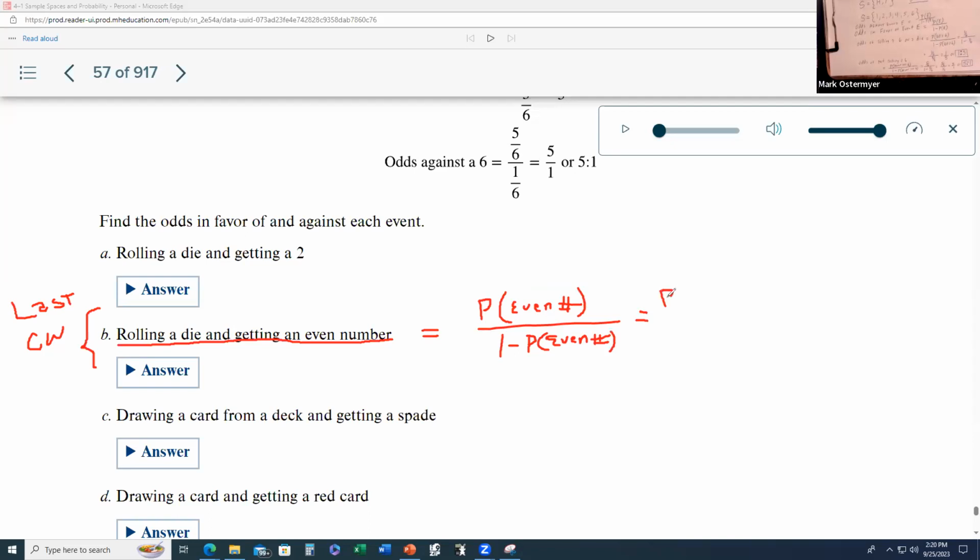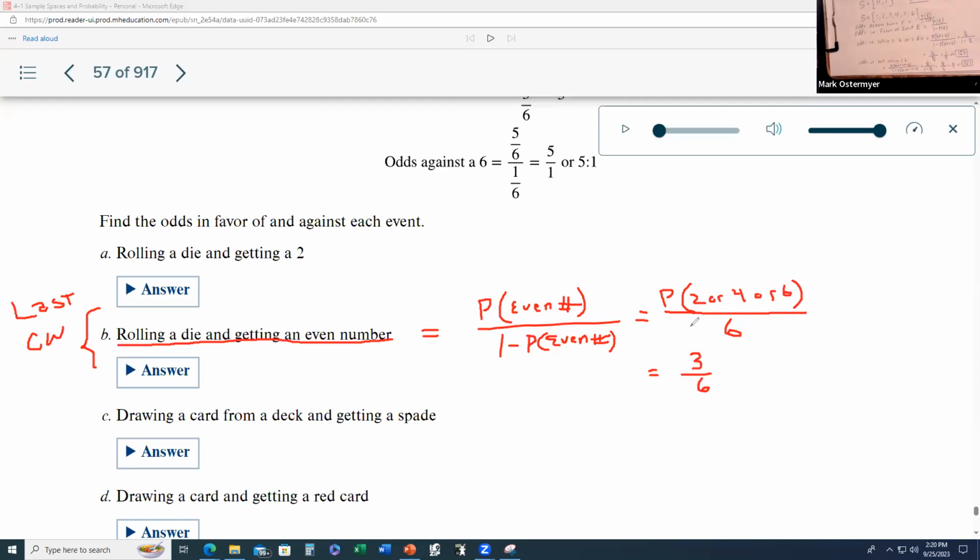That's the probability of rolling a 2 or a 4 or a 6, divided by 6 possible outcomes. Do you agree? And we're assuming an equal likelihood model, assuming our die is fair. Well, how many ways can you roll a 2, a 4, or a 6? That's 3 ways.